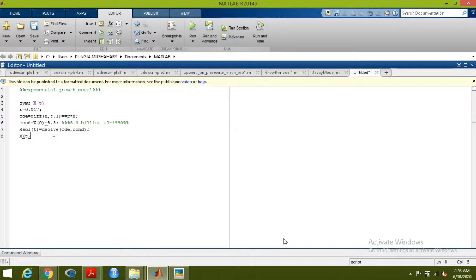Let us simplify to make it easier to plot. So xt simplify, set x solve t. So you get this.